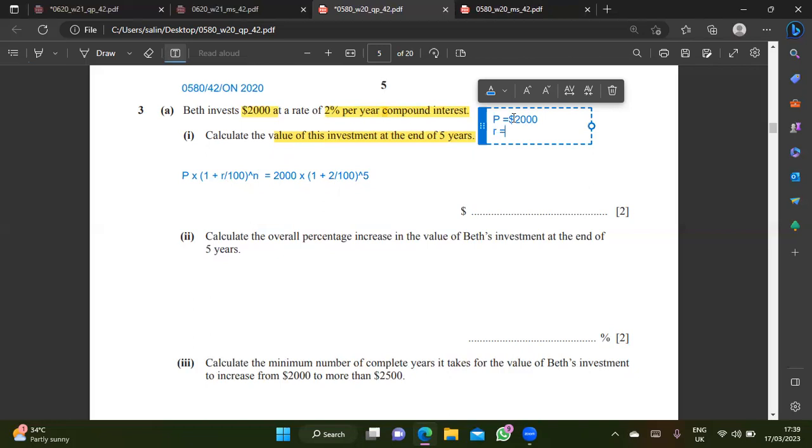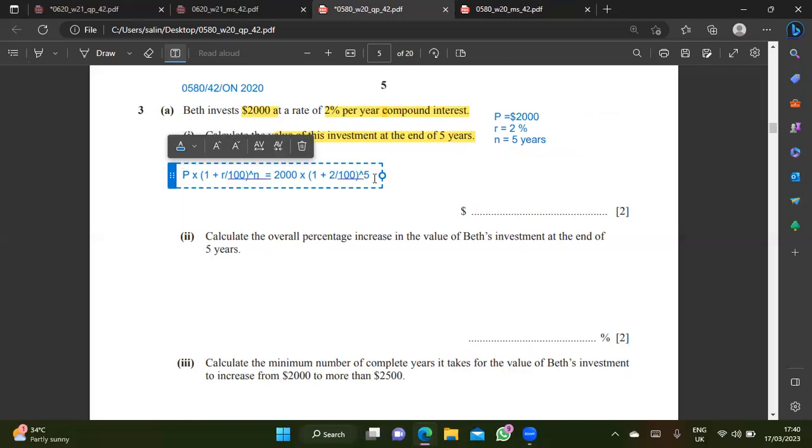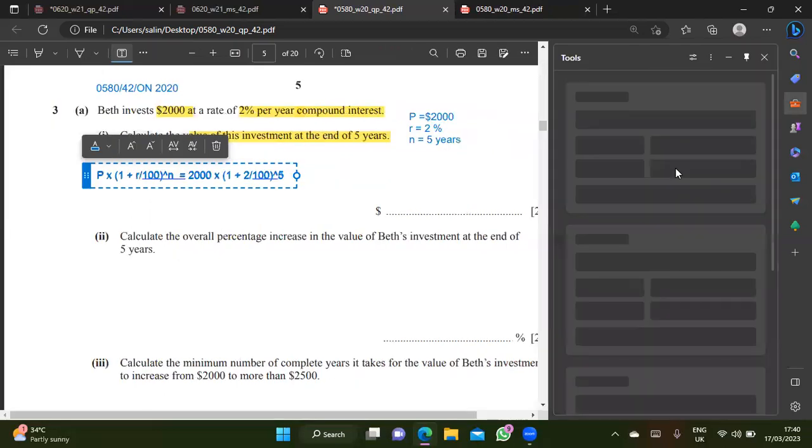R equals 2%. And then N equals 5 years. In other words, N is the number of years. So with this info, we can use the formula just now. Once we have this, we can use the calculator to calculate it.